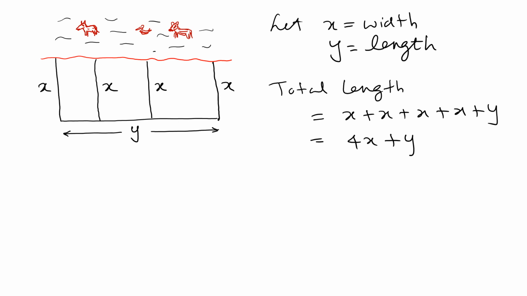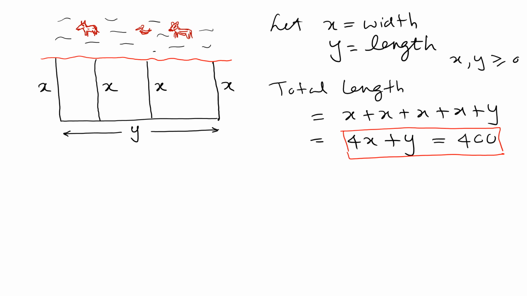The problem says the total length equals 400, so 4x plus y equals 400. This is the constraint equation. We also know that both x and y are positive, so x and y are greater than or equal to 0. Zero means zero area, which is not practical, but mathematically you can write it like that.